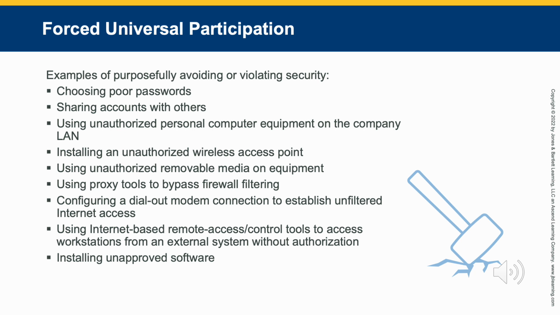Forced universal participation. Examples of purposefully avoiding or violating security include choosing poor passwords, sharing accounts with others, using unauthorized personal computer equipment on the company local area network, commonly referred to as BYOD, bring your own device, installing an unauthorized wireless access point, using unauthorized removable media or equipment, using proxy tools to bypass firewall filtering, configuring a dial-out modem connection to establish unfiltered access, using internet-based remote access control tools to access workstations from an external system without authorization, and installing unapproved software.